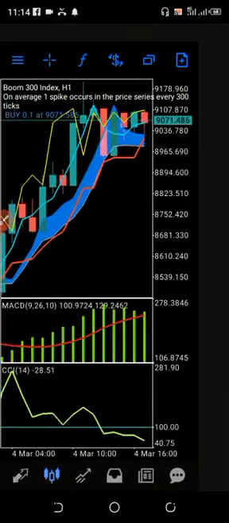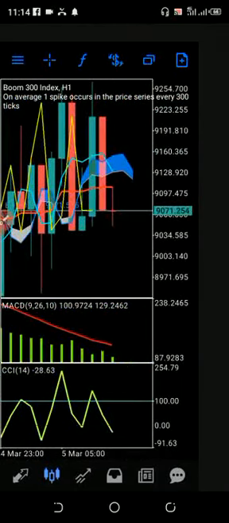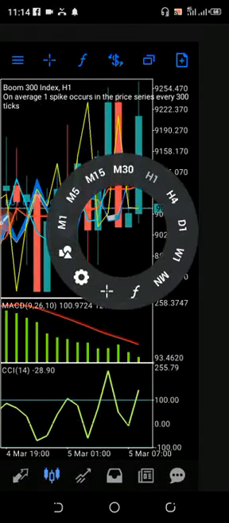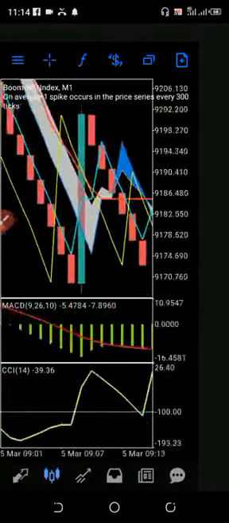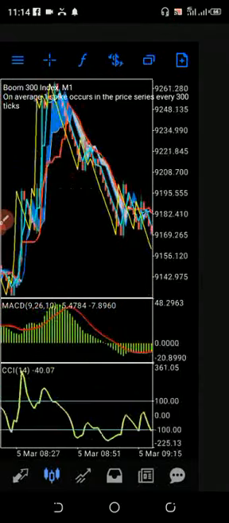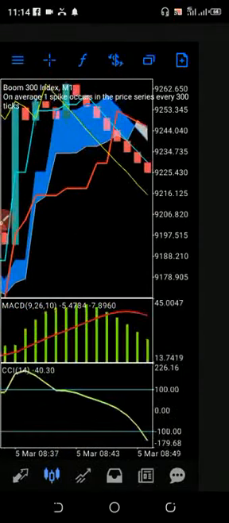We have the Ichimoku cloud. Now watch this thing carefully. Let me just use the one minute time frame. We have two clouds here. Watch this one.